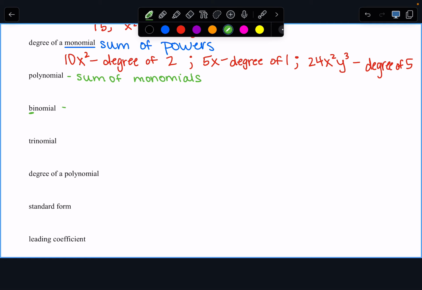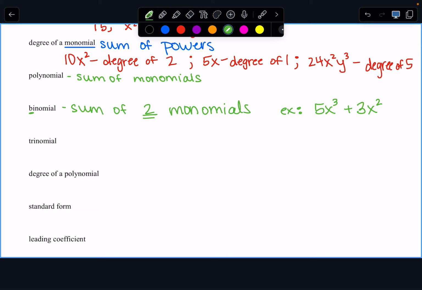A binomial is the sum of 2 monomials. So there's 2 terms. Like maybe it's 5x cubed plus 3x squared. That's a binomial because there's 2 terms.